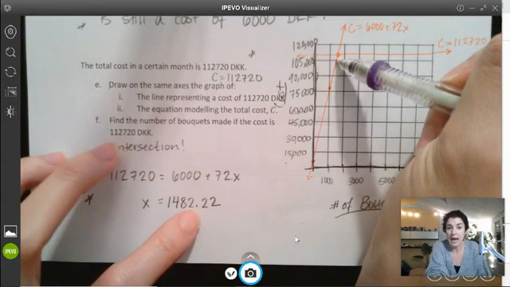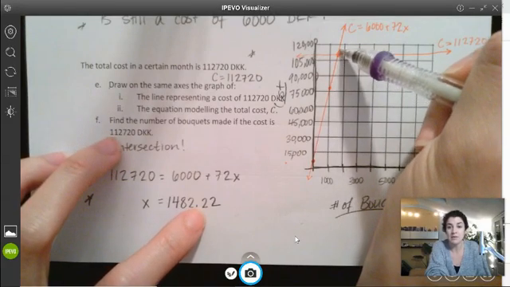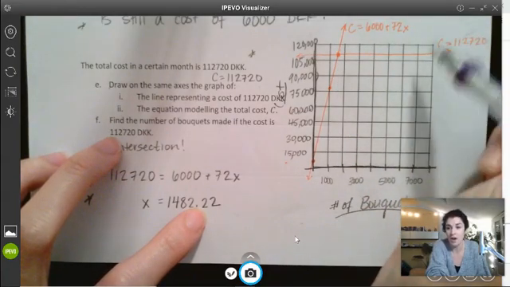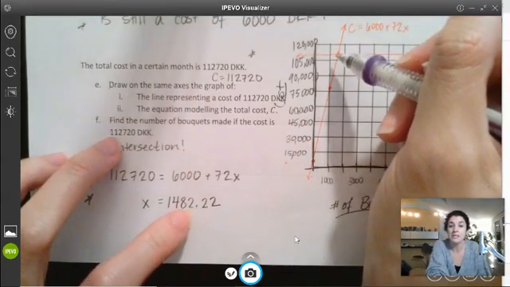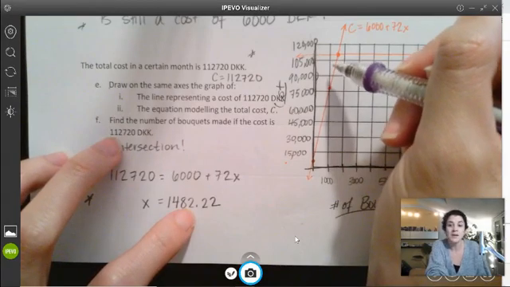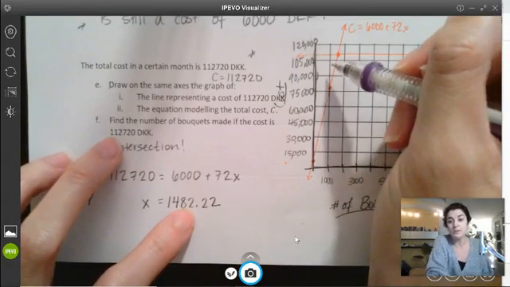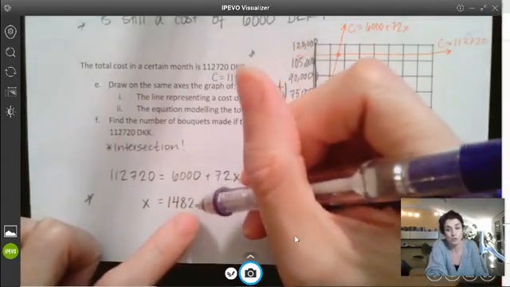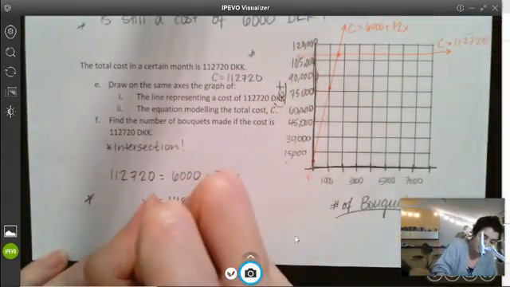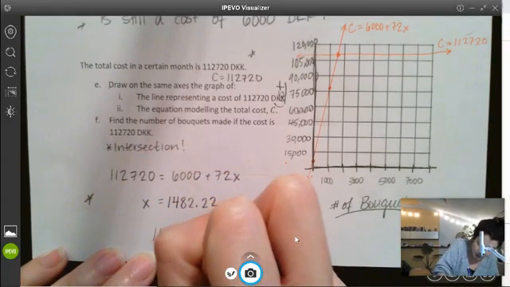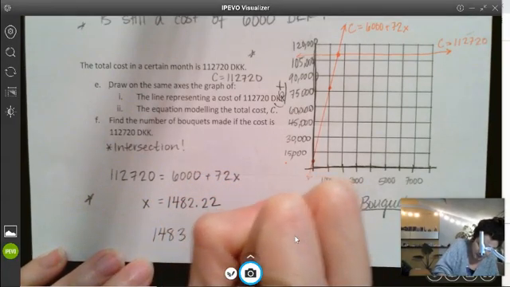But if we are at this cost, that means that we need to be at this point or above it in order for us to have hit a cost of this. So if we round down to 82, we won't have hit that cost yet, which means that we won't have satisfied the problem. So in this case, we need to round up, even though our rounding rules don't tell us so. So it's 1,483 bouquets.